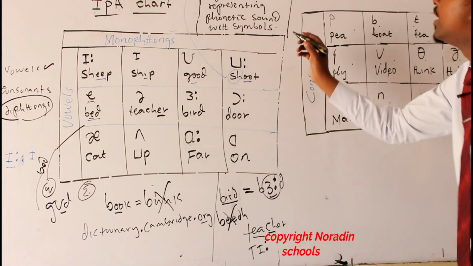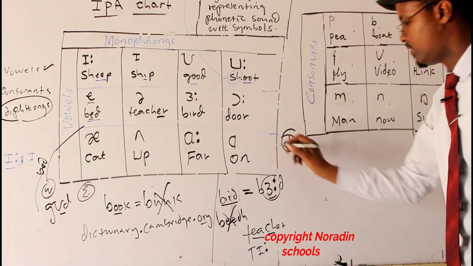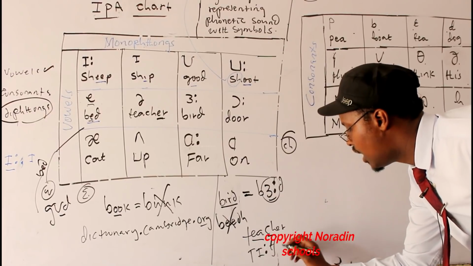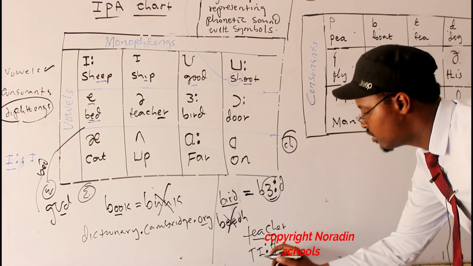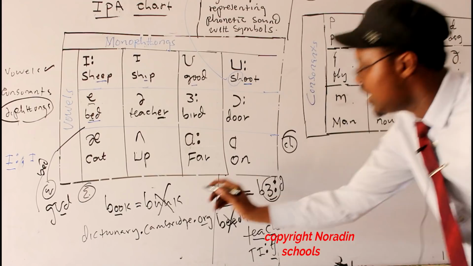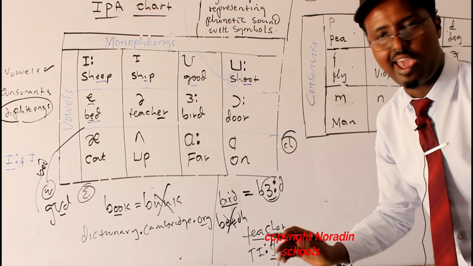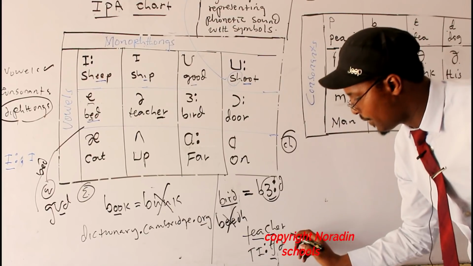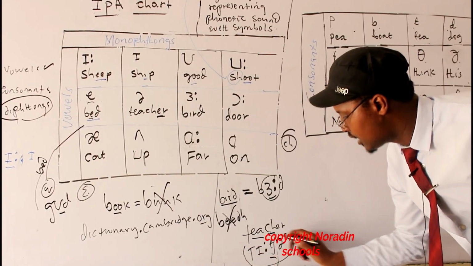How do you write when CH has the sound of J? You wrote like T and then Sh, which makes it like J. So you say like teacher. And the ER sound, which is like makes like this E. Alright? So the proper pronunciation of the word teacher has to be like this.